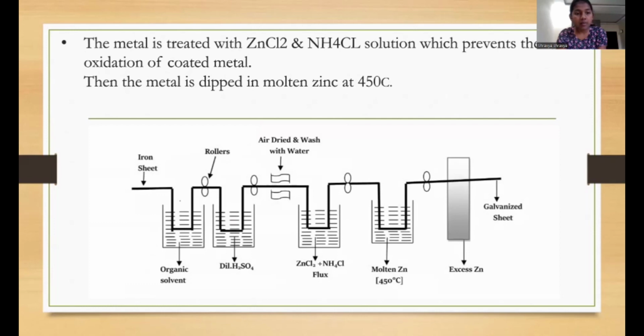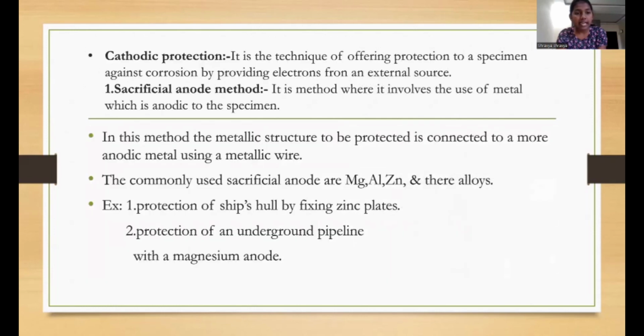When it comes to iron sheet, in cathodic protection, it is the technique of protecting a specimen against corrosion by providing electrons from an external source. First is the sacrificial anode method. It involves the use of a metal which is anodic to the specimen.